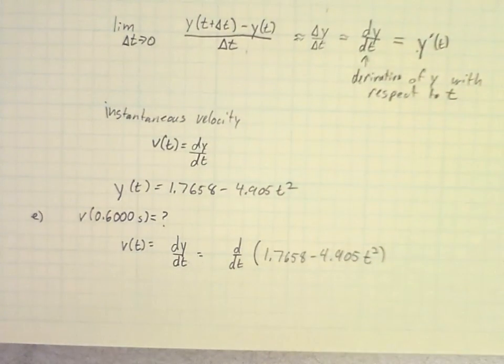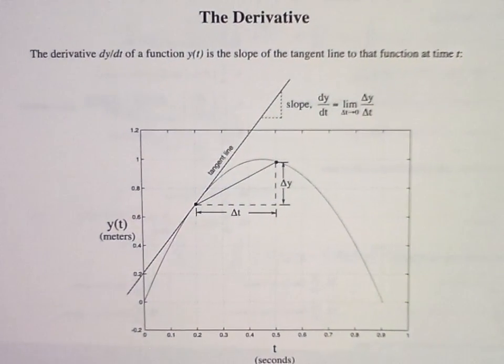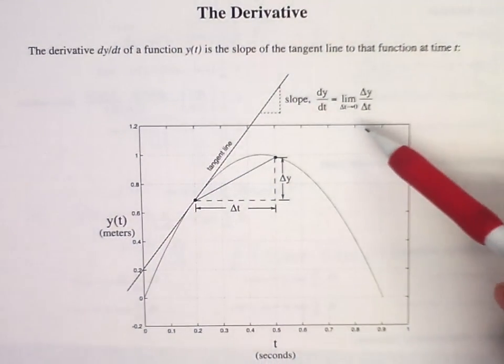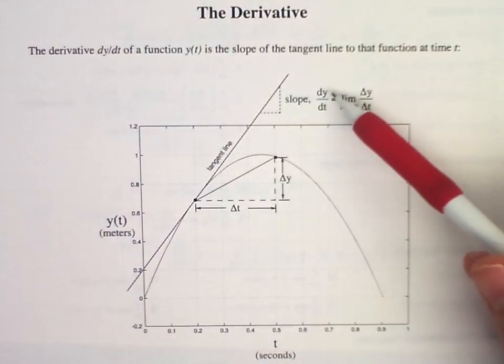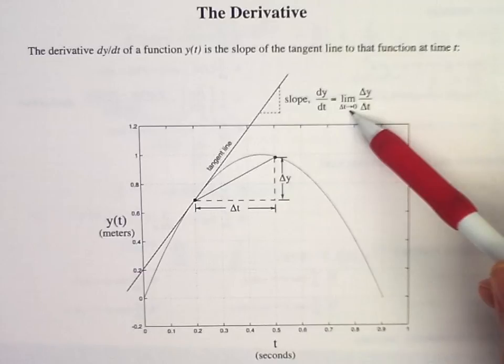And one of the things that we know for this class is we have those reference sheets we gave you at the beginning of the semester that have lots of good formulas. If we start looking through there, we quickly find one called the derivative. It talks about, yes, we've seen this before, that the slope dy dt is the limit of delta y over delta t as delta t approaches 0.